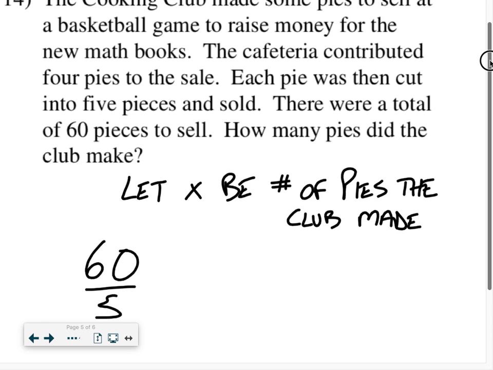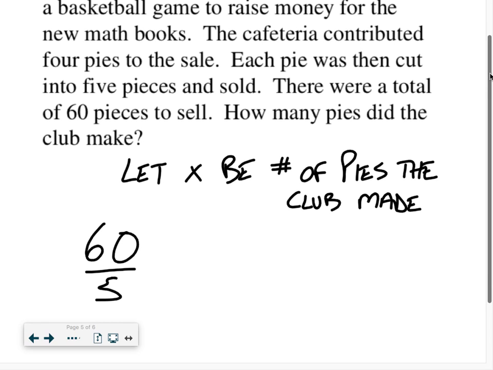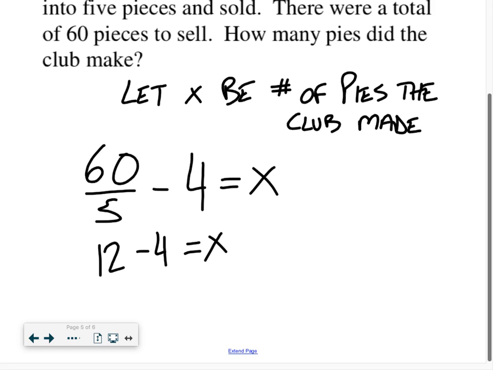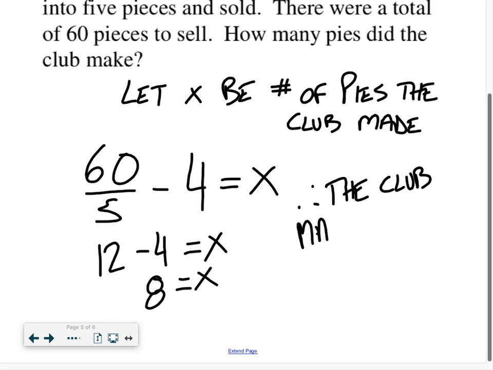If we look at the other part of the question, the cafeteria gave 4 pies, so I'm going to subtract 4 from that number. 60 divided by 5 is 12, so there's 12 pies in total, minus the 4 from the cafeteria equals x. So that means that x is equal to 8. Therefore, the club made 8 pies.